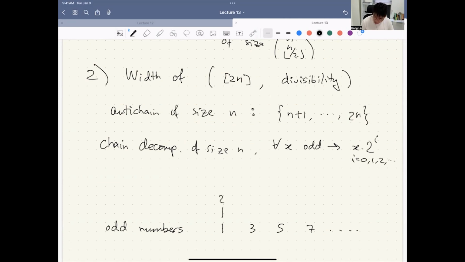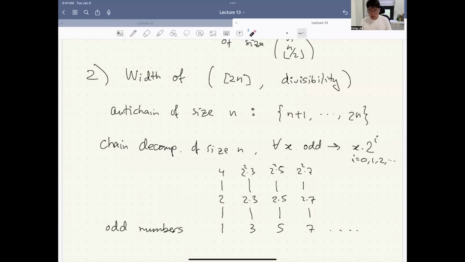So this goes to 2, 4, 2 times 3, 2 squared times 3, 2 times 5, 2 squared times 5, 2 times 7, 2 squared times 7. This covers everything, because no matter which number you take here, you can divide it by some power of 2 to get down to an odd number.